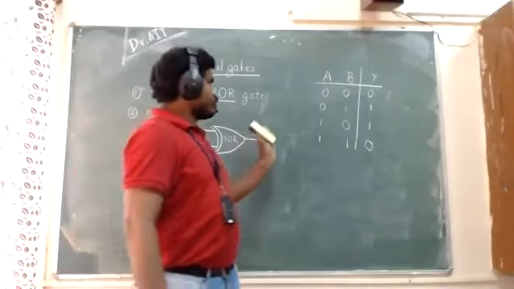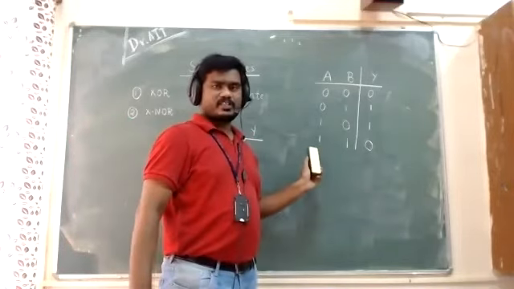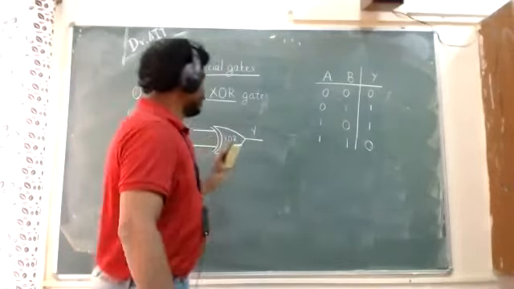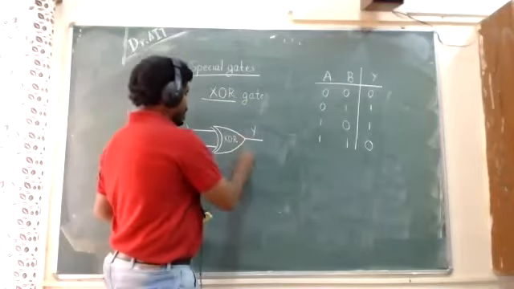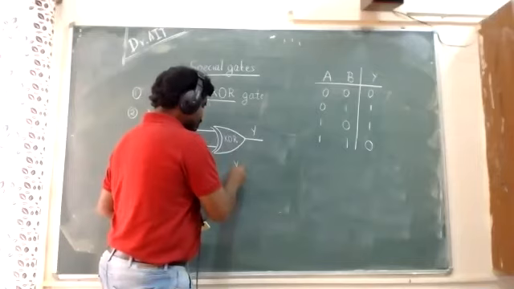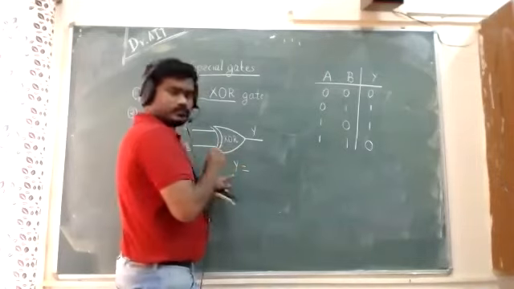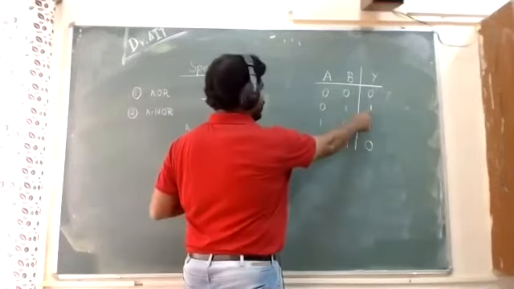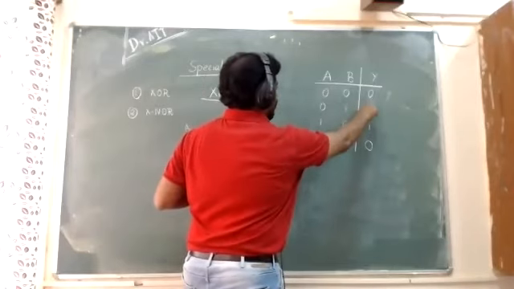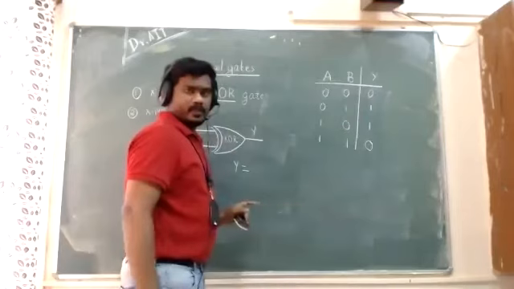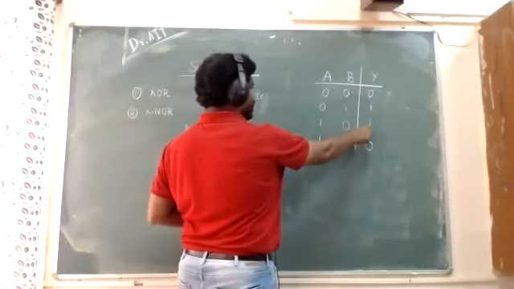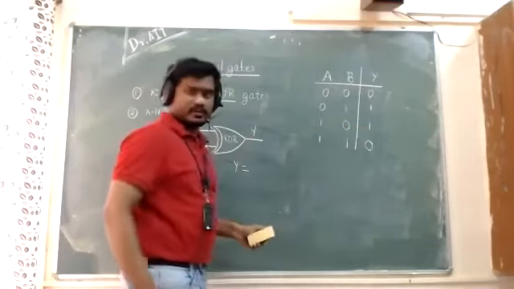Now if you just look at the truth table, what is the expression? The expression for the XOR gate is Y is equal to, just concentrate on where the output of the XOR gate is logic high. Here we have logic high, and for this combination we have logic high.